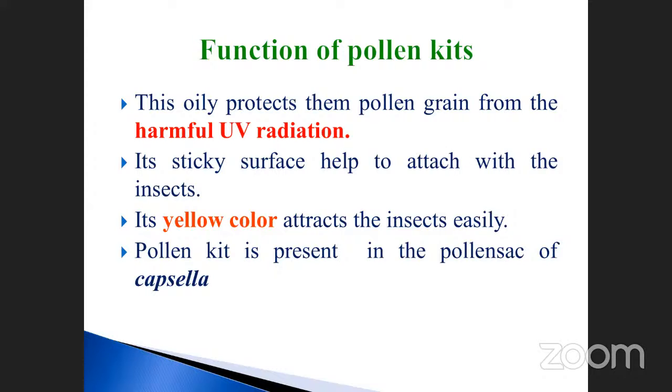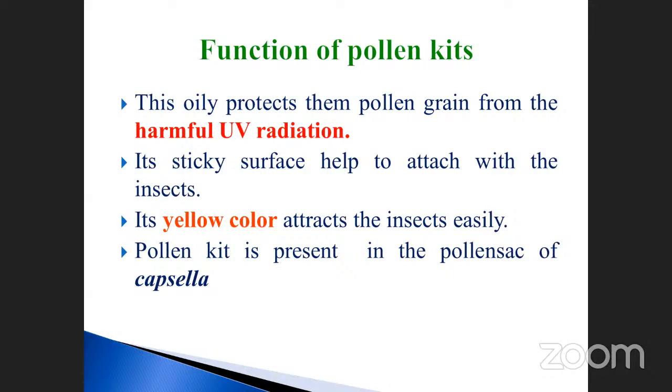Suppose the surface is sticky in nature, what happens when an insect comes and sits on it? It will be easily attached, because, as we already discussed in Asclepiadaceae, the pollinium is also easily carried through their legs. So it is easily attached to the insect.